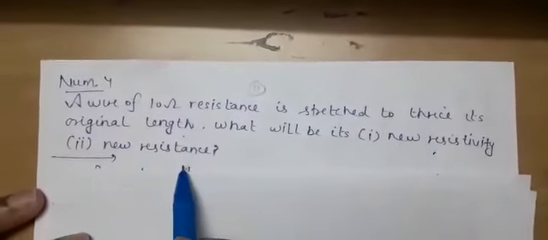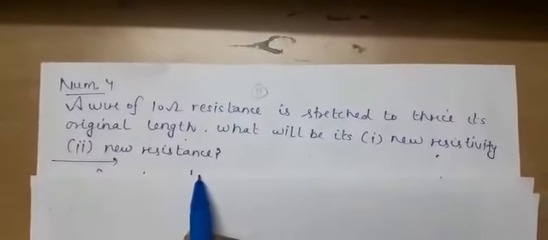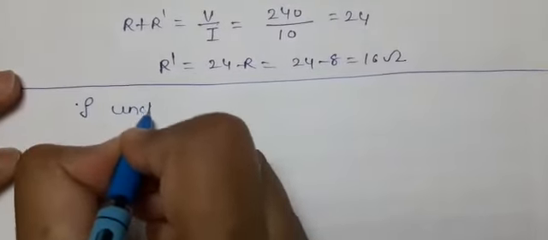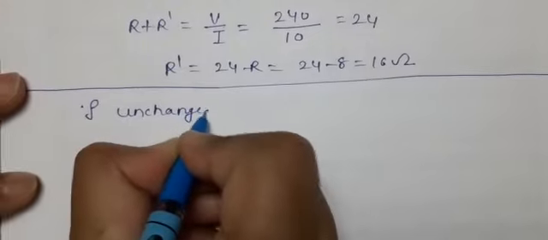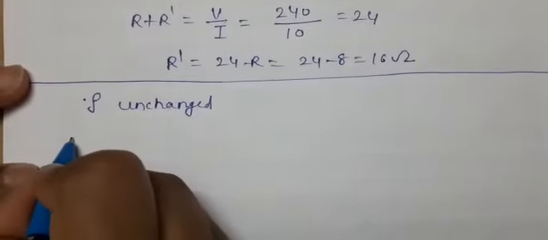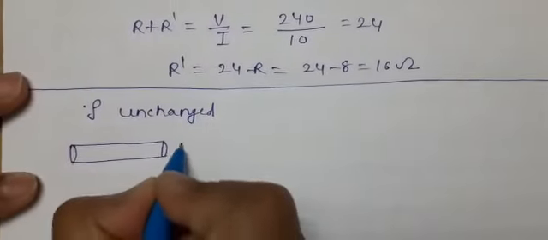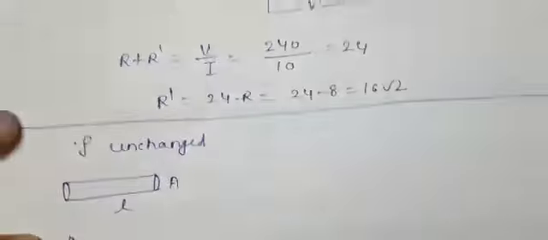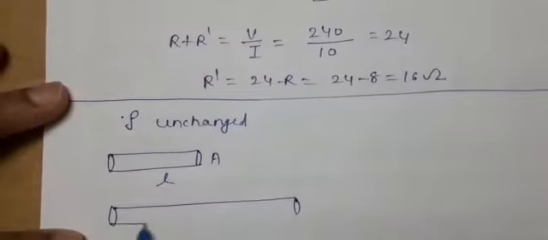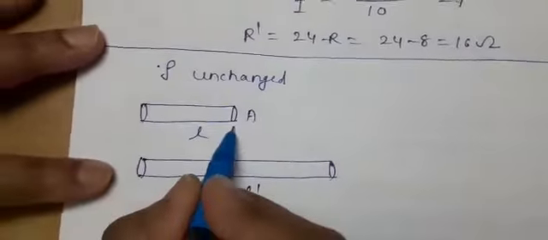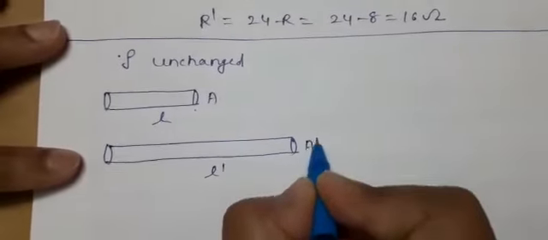Now we have to calculate the new resistance. Let's see how. Resistivity will remain unchanged, as I have explained. Now, when the wire is stretched, as this is a wire having area of cross section A and length L, what will happen? There will be an increase in the length. This increase in length is at the cost of decrease in area.